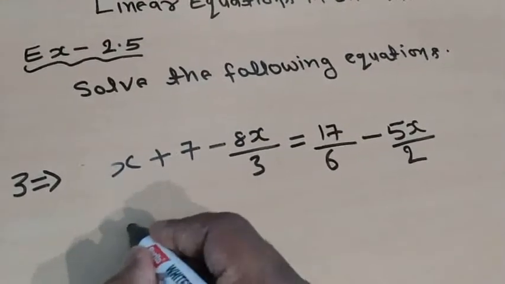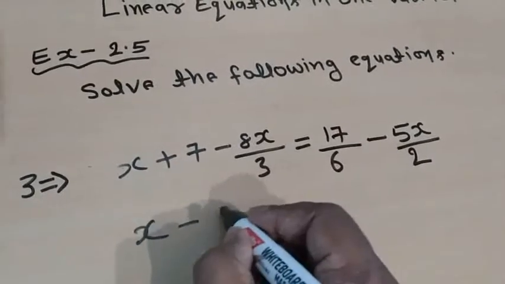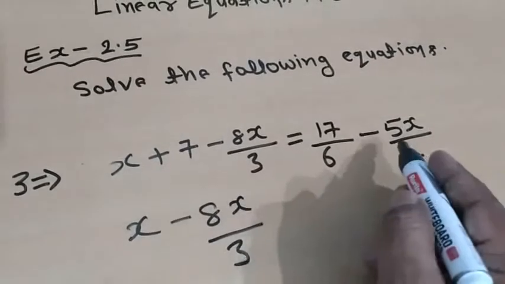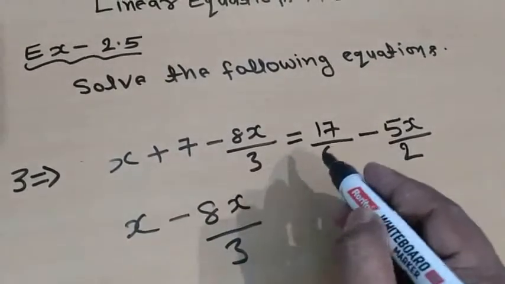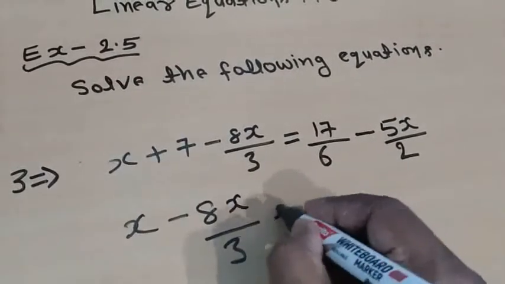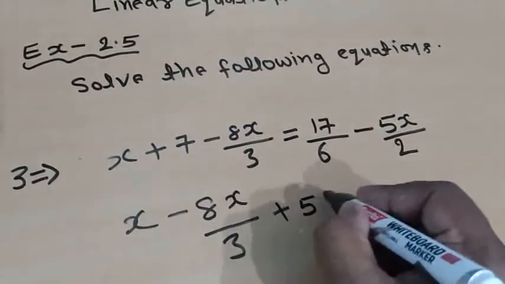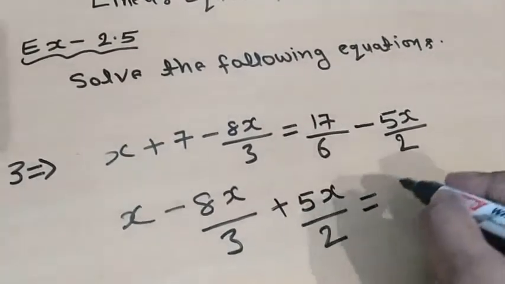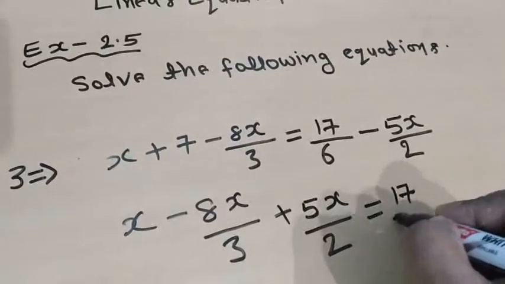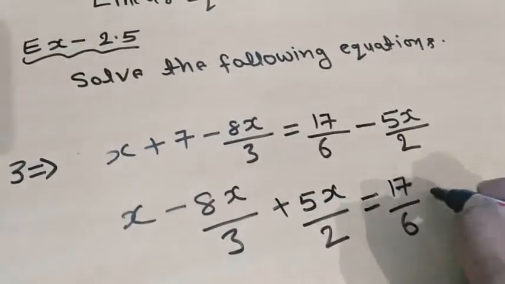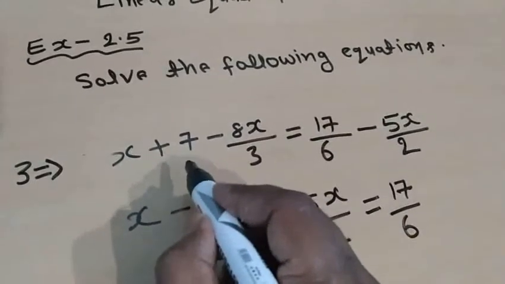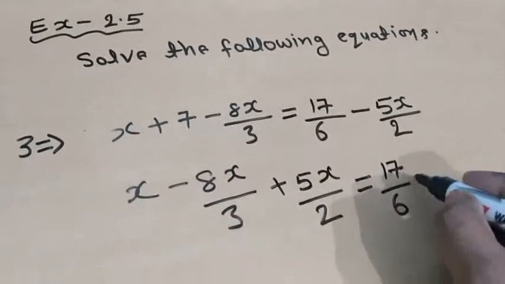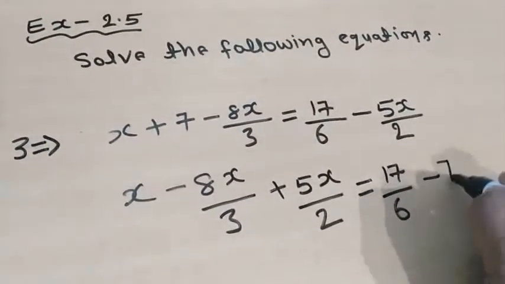So x minus 8x by 3, and when you transpose this it becomes plus 5x by 2, is equal to 17 by 6, and we transpose 7 to the right hand side so it becomes minus 7.